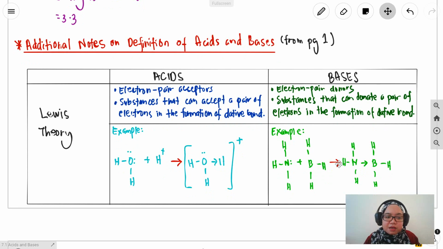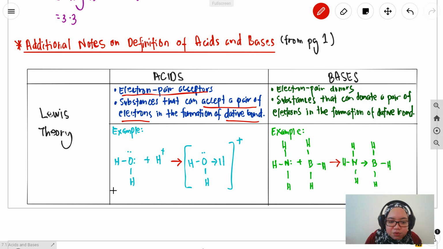So Lewis came up with this theory to define acids and bases. What did Lewis state for acid? Lewis defined acid as the electron pair acceptor, which means any substance that can accept a pair of electrons in the formation of a dative bond is a Lewis acid. For example, here we have water.